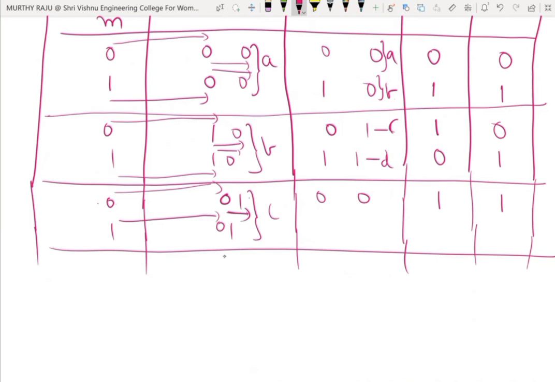Here 1 is replaced here, 0 is replaced here. 1, 0. This one is A, this one is B. 1 exclusive OR with 0 is 1, 1 exclusive OR with 1 is 0. 1 exclusive OR with 1 is 0. The last state is 1, 1, 1, 1. Here D.